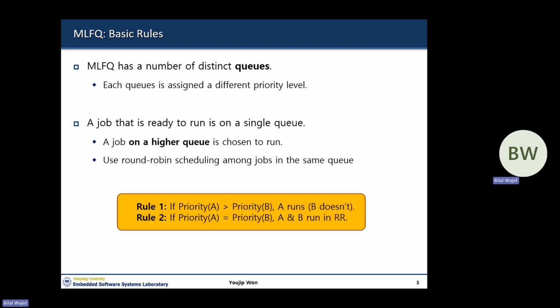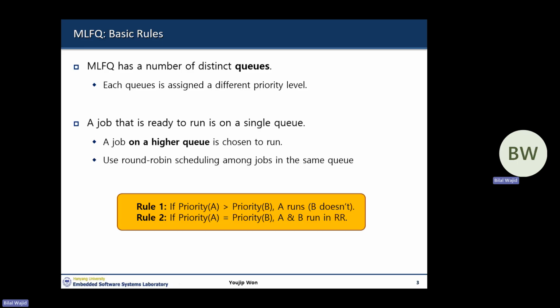The multi-level feedback queue, MLFQ, is the fundamental element that helps us do that. MLFQ fundamentally has several queues, as the name suggests, multiple levels of queues. A job on a higher queue has higher priority than a job at a lower queue.